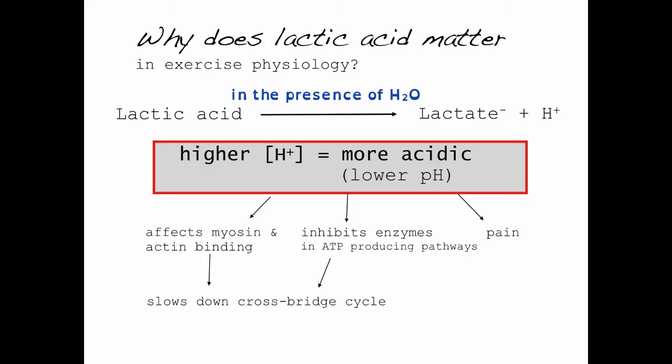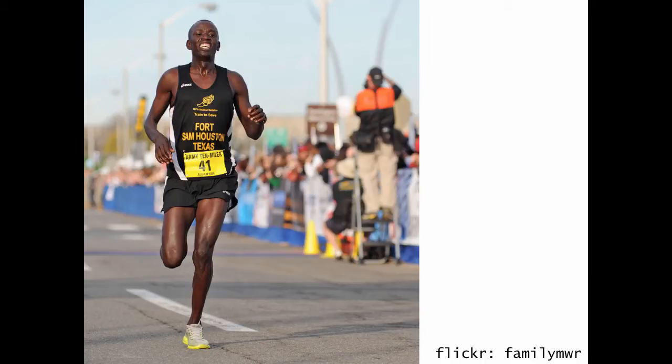So the fact that we are unable to contract our muscles as quickly, that there's not as much ATP available, and that we're in a lot of pain is going to affect exercise performance. And this is why exercise physiologists focus a lot on lactic acid production.